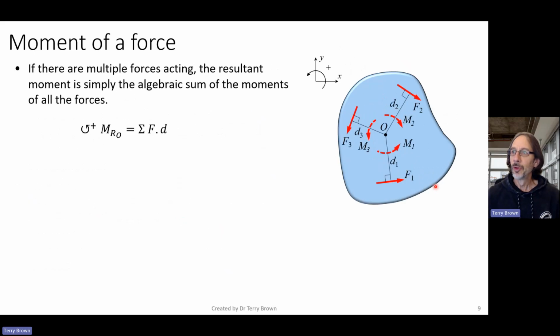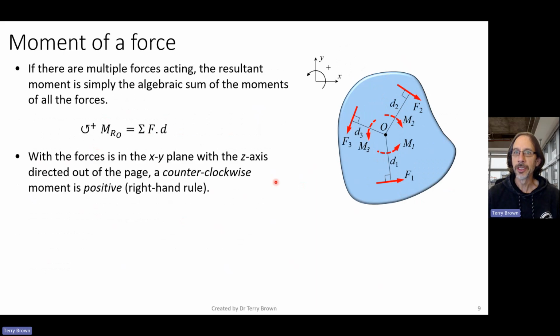If there are multiple forces acting, so here we've got 3 forces acting, then we can simply add the moment effect of each of those forces to get the total moment effect, or the resultant moment. Again, here I've clearly indicated everything that the reader needs to know to interpret what's going on in your solution.